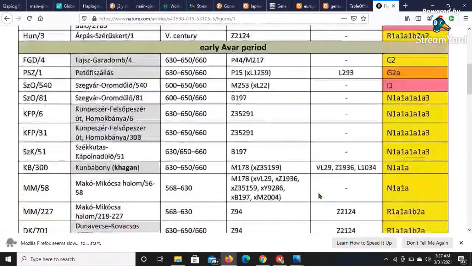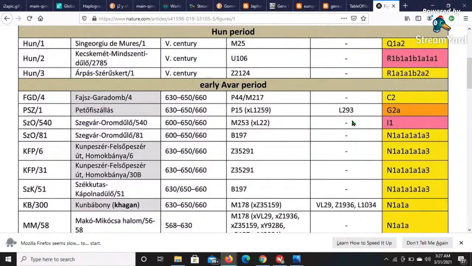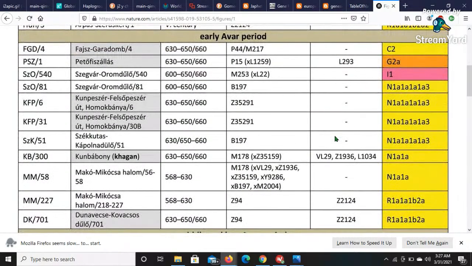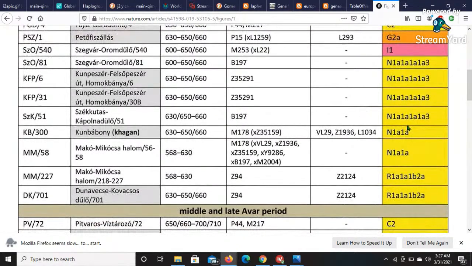Okay, so we got the Hun period, QR. Q and R is the same thing. Early of our period is the C2, that's Nimrod. G is Asher. I is Israel. N is the northern O branch.